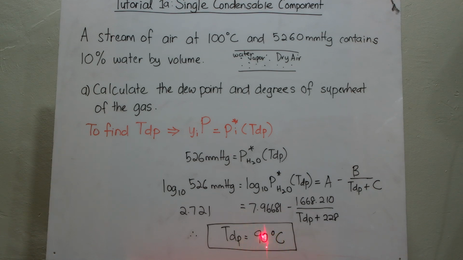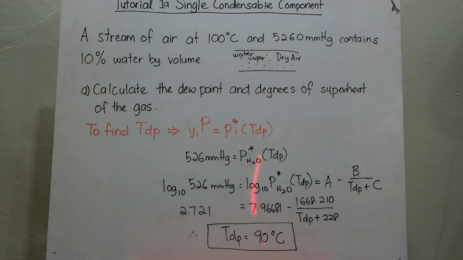The first liquid drop of this system: water vapor will start to develop liquid. This water vapor becomes first liquid at T dew point of 90 degrees C. So if you have this much superheated water vapor, it will start to become liquid again at this temperature.